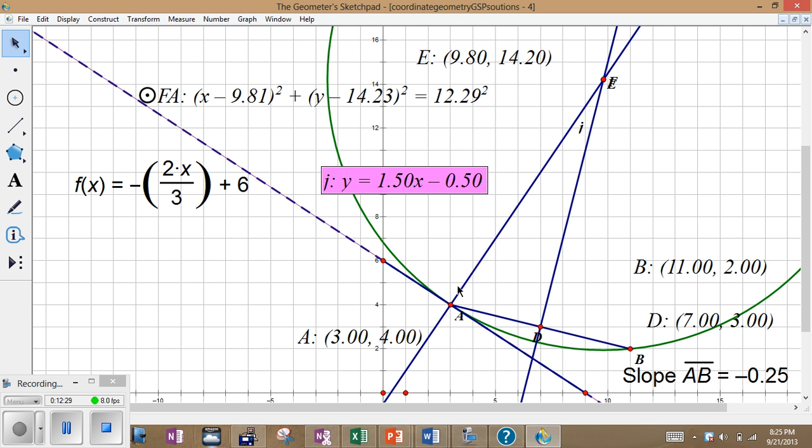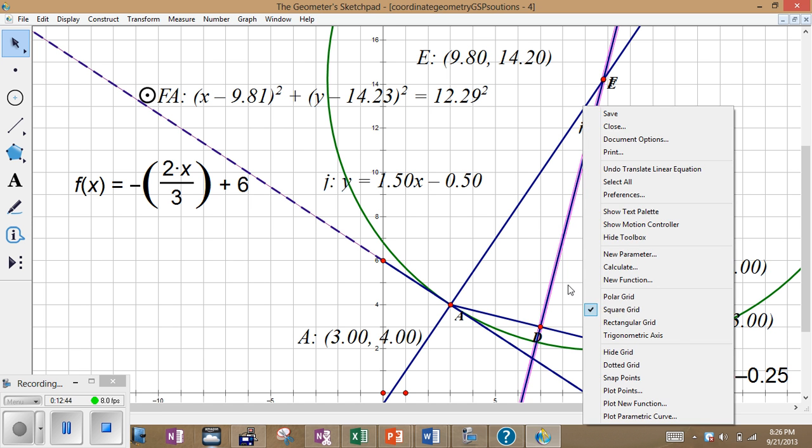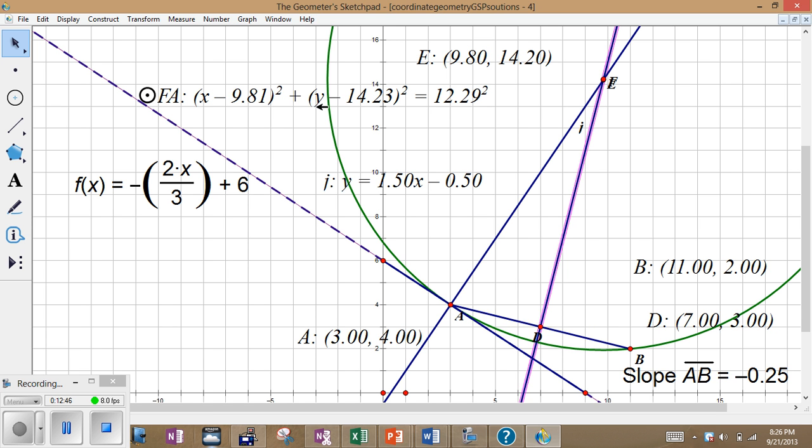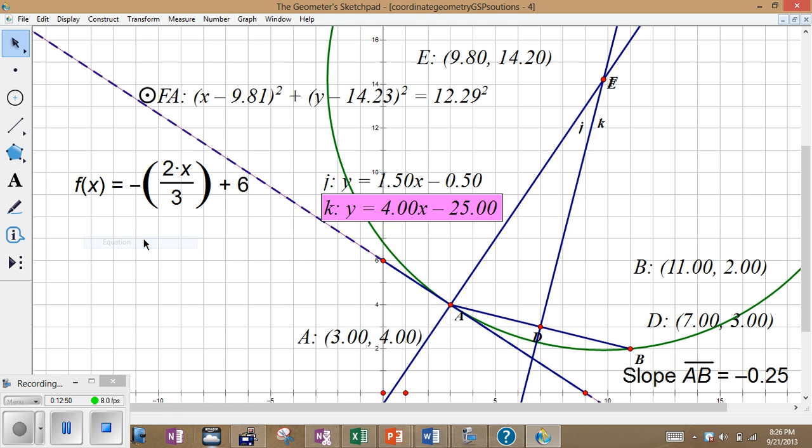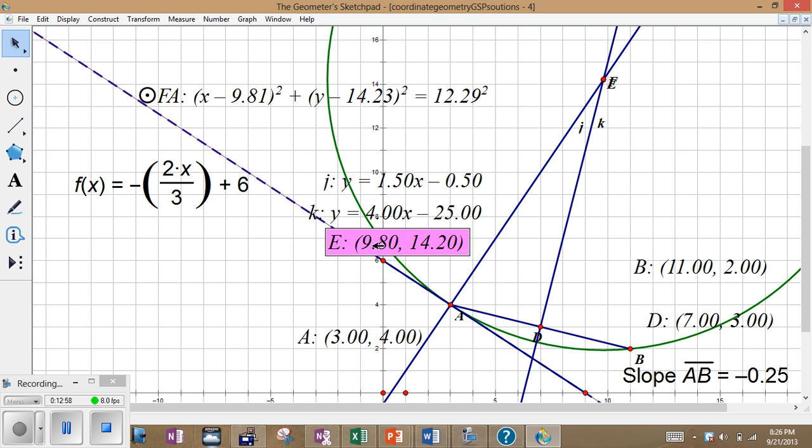So we have the line AE, we have the line DE, and here we'll list for you what the line DE is, and measure its equation. So there's the line DE. All right, so those are the 2 lines. We want to find their point of intersection, which is right here.